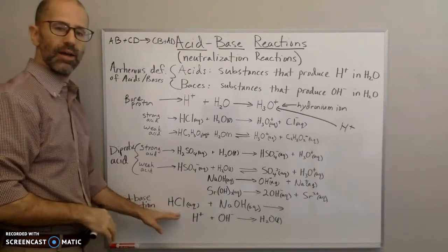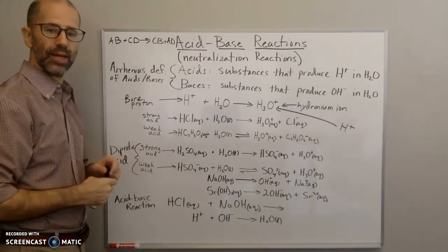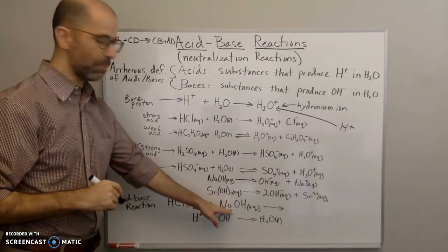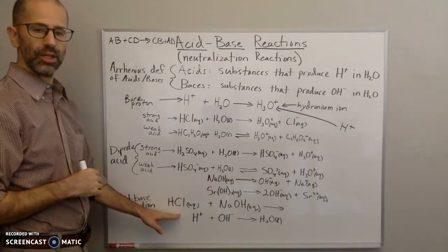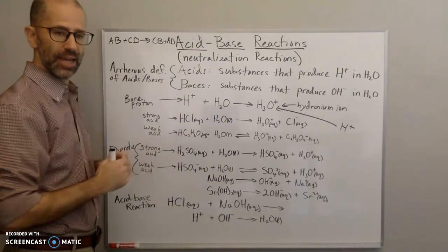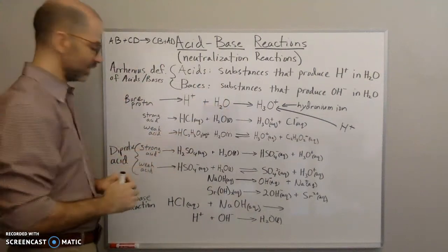Okay, same thing here. You could do the same thing with your acid-base neutralization reaction. So even though these are not ionic compounds, they will ionize into ions when you throw them in water. Your base is an ionic compound, but your acids are molecular, right? But when you throw them in water, they'll separate and they'll ionize into ions. So you could do that, inside ions, outside ions, same thing.